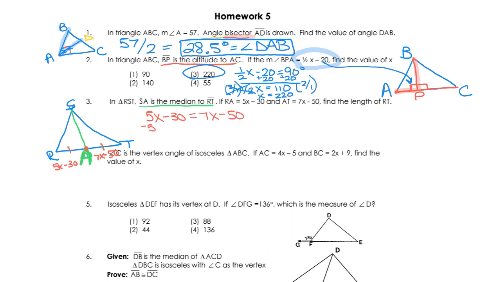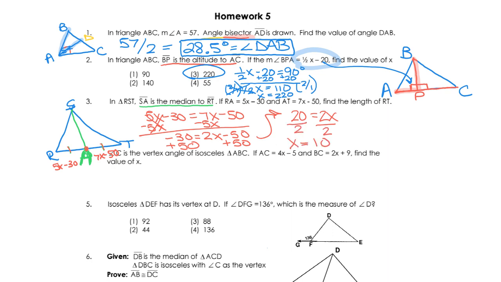Now I'm going to subtract 5x. I get negative 30 is equal to 2x minus 50. And then I'm going to add 50, and I end up with 20 is equal to 2x. Divide by 2, and x comes out to equal 10.